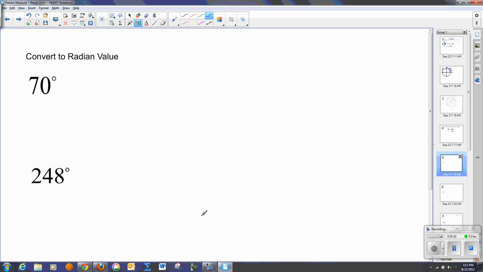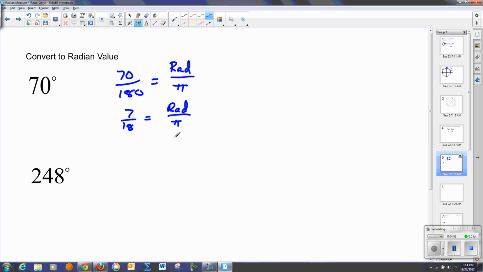So if I was asked to convert 70 degrees to a radian measure, I take degrees, 70, over 180, and set that equal to my radian measure over pi. Well, 70 over 180 goes to 7 over 18 equals my radian over pi.